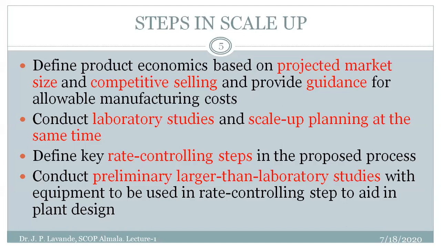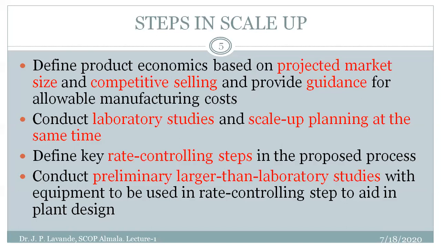The process has to be carefully analyzed and designed. At the same time, the rate at which the production will occur is again important. So the processes have to be carefully confirmed. At the same time, the production has to be maintained at a constant rate. So the different rate controlling steps have to be decided and clearly defined in case of the scale up techniques. So that is the third step.